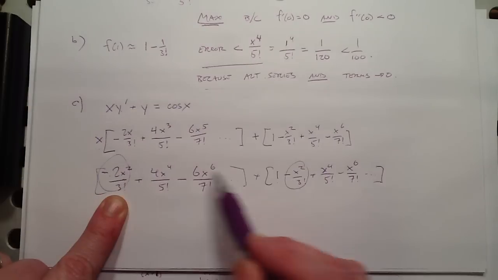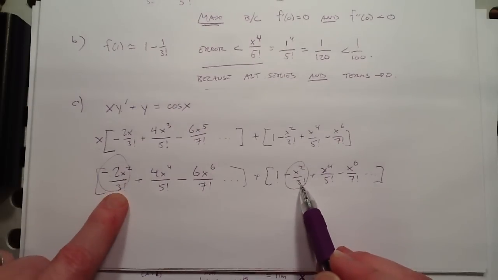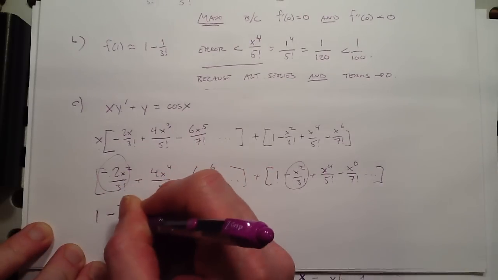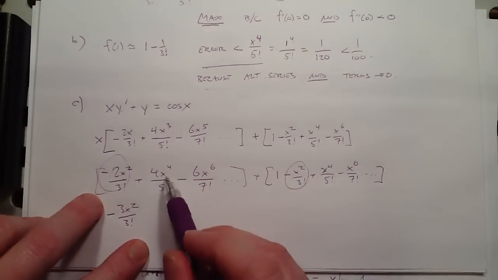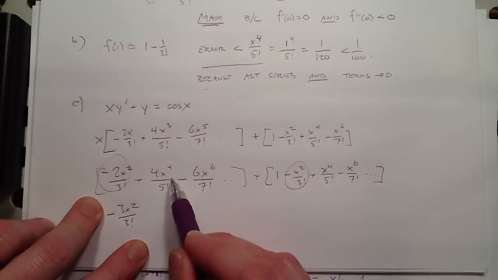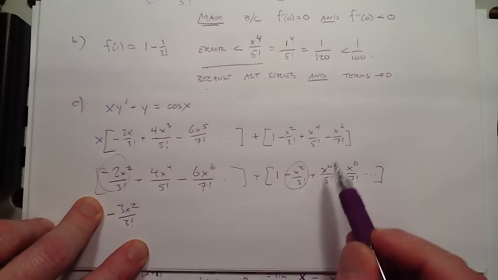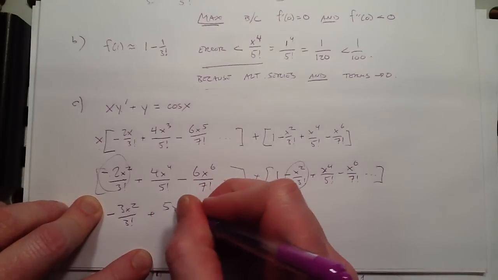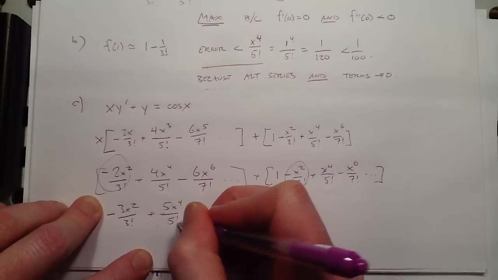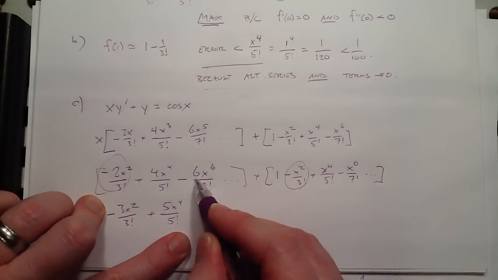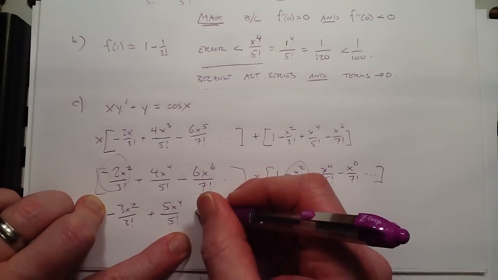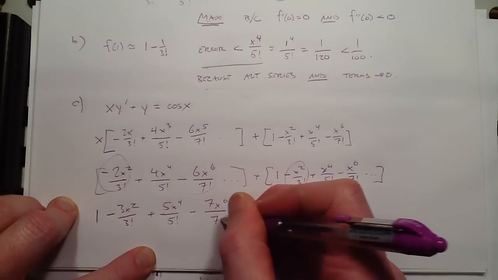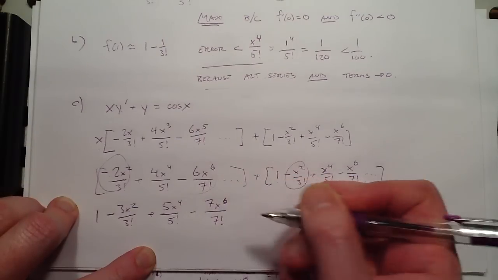So I've got minus 2x squared minus x squared over the same denominator. That's minus 3x squared over 3 factorial. And here I've got plus 4 plus 1 over the same denominator, so that's plus 5x to the 4th over 5 factorial, minus 6 minus another 1, that'd be minus 7x to the 6th over 7 factorial.